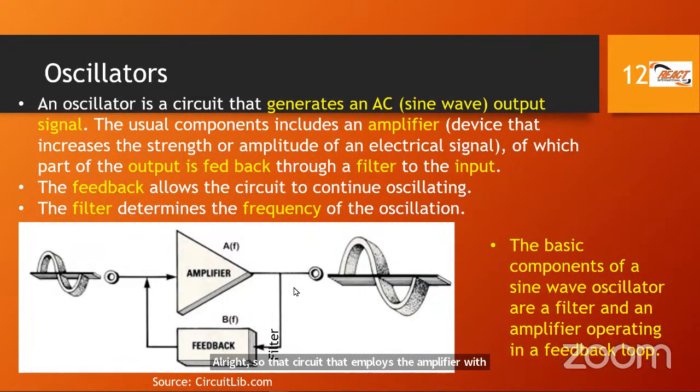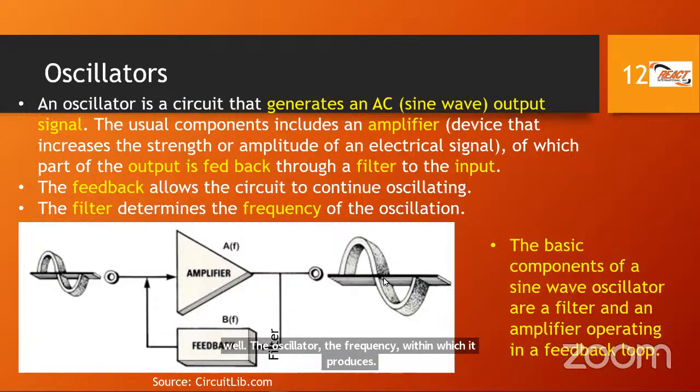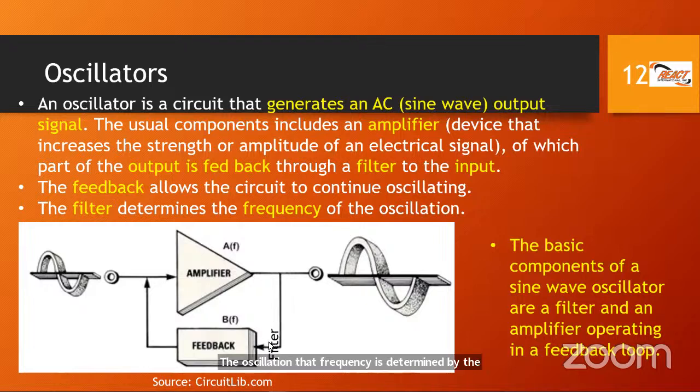Just a bit of information to be aware of as well: the frequency at which the oscillator produces oscillation is determined by the filter. So you change the filter and you can change the frequency of oscillation. All right, so that's oscillators.